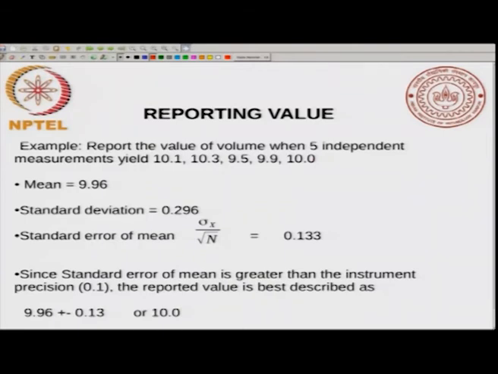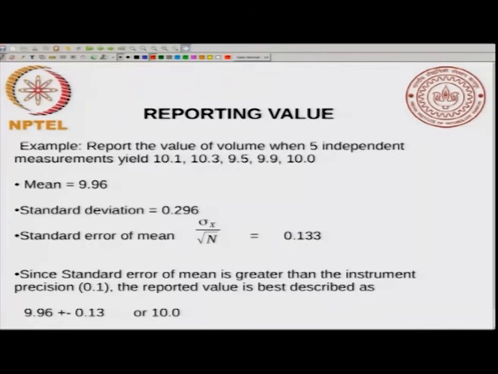Now, if you want to report the value of volume, you calculate the mean and you get exactly 9.96. You calculate the standard deviation and you get 0.296. Next, you calculate the standard error of mean, which is 0.296 divided by square root of n, and this is about 0.133.